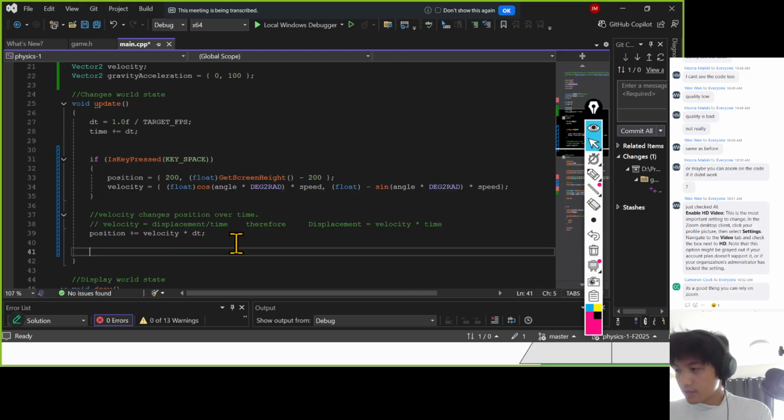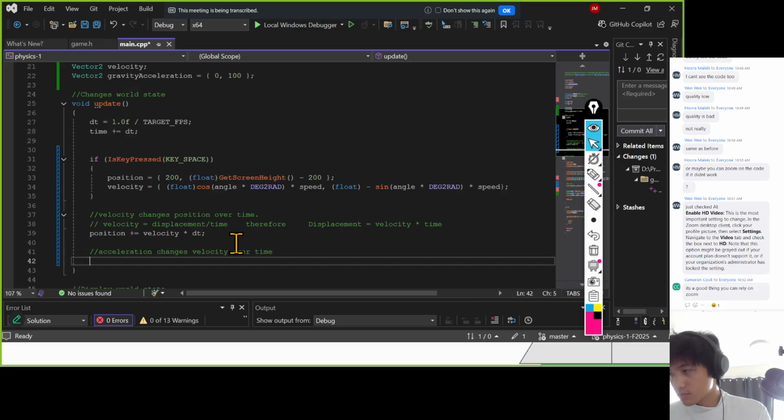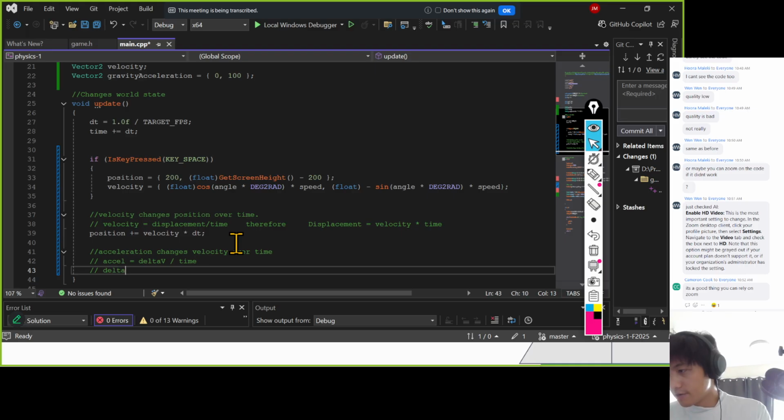Okay? Acceleration is a rate of change of velocity. So you could say that acceleration is delta v over time. So delta v, which would be change in velocity, is equal to acceleration times time.